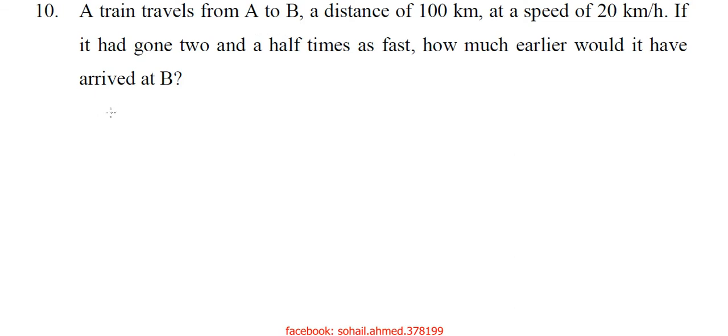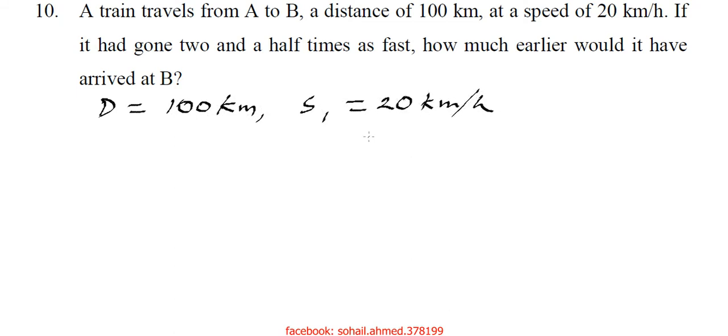Okay, so here the common distance D is 100 kilometer. Initially the speed was S1 equals 20 kilometer per hour. So we have to find S2.